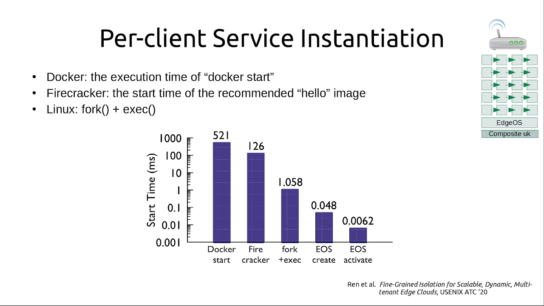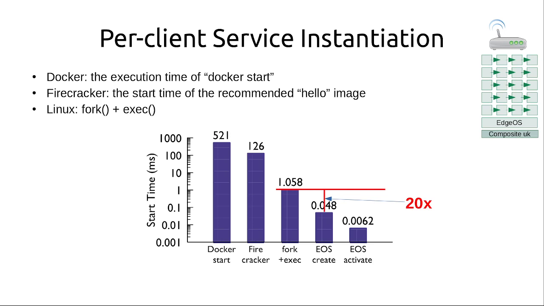And what we can see here is that if we look at the startup time of these different technologies, even just fork and exec within Linux, EdgeOS allows FWPs, because it's so optimized how we create these things, to be about 20 times faster. With our checkpointing and restore support, we can activate these even faster in response to new client requests coming in.